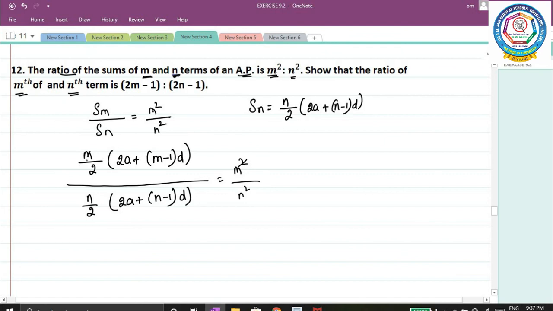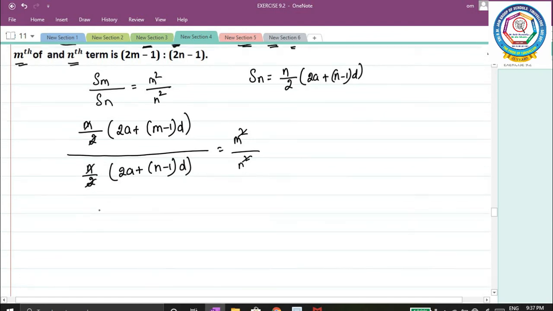Here one m will cancel, here one n will cancel, 2 also will cancel. So remaining 2a plus m minus 1 into d by 2a plus n minus 1 into d equal to m by n.